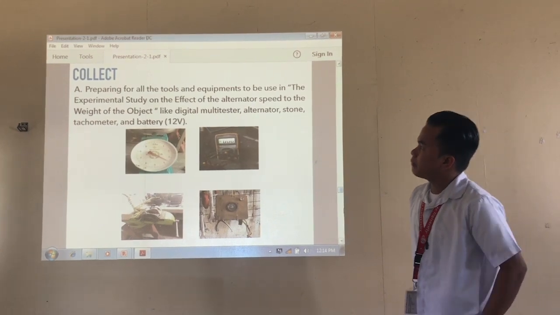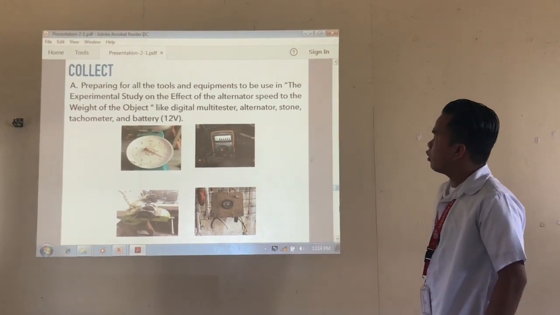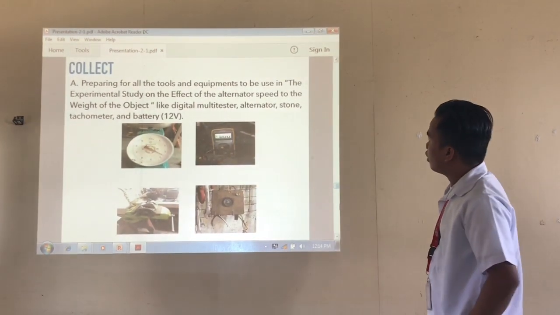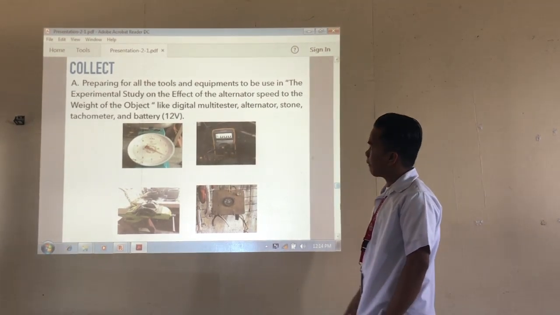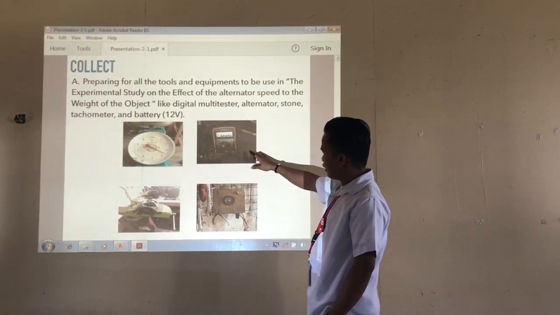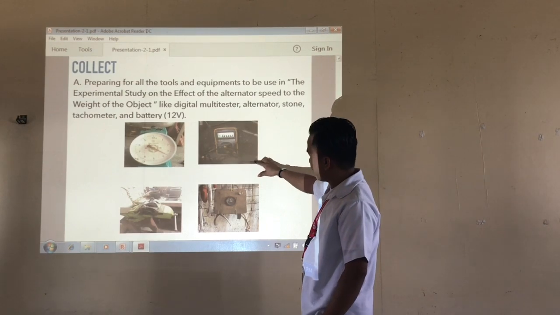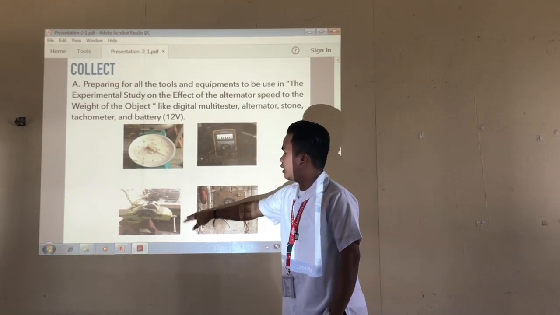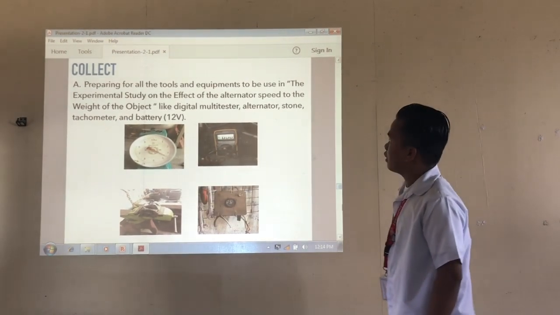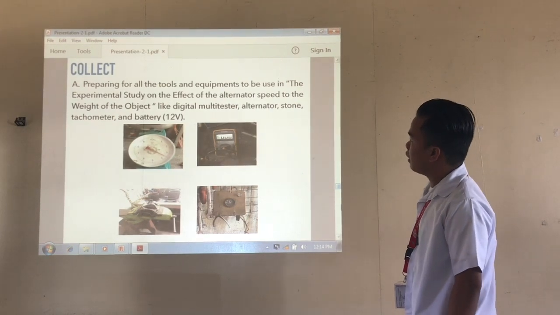Next is collect. First, we prepare all the equipment or tools that we are needed, like the digital multi-tester, the alternator, and the tachometer.